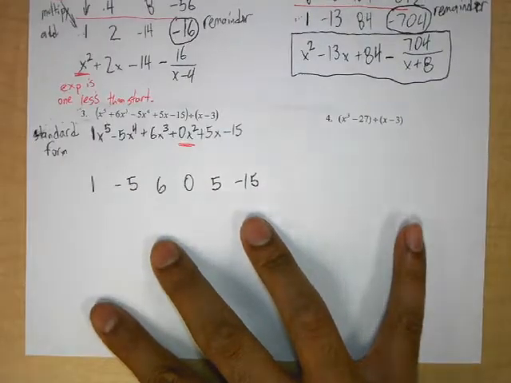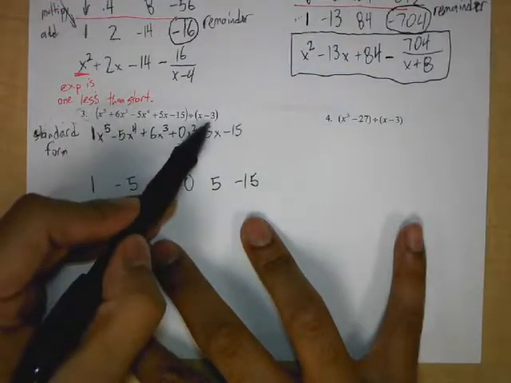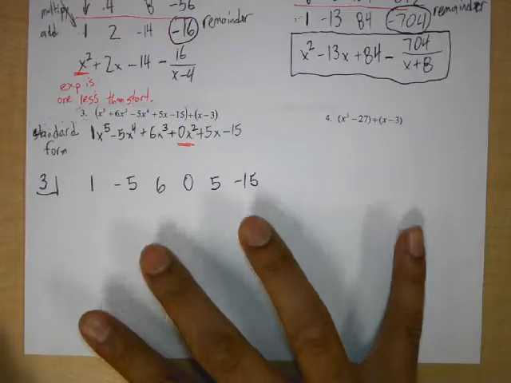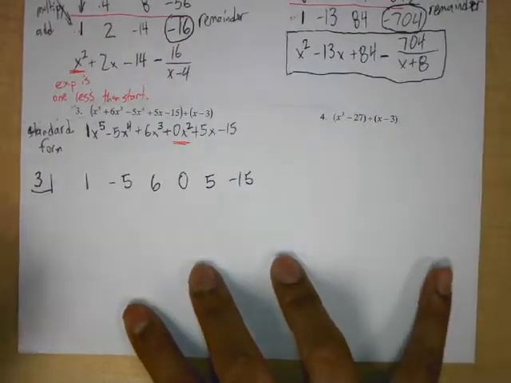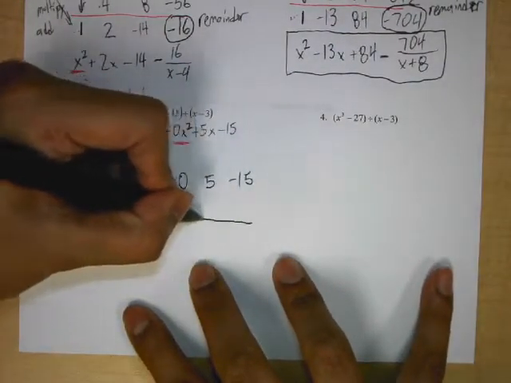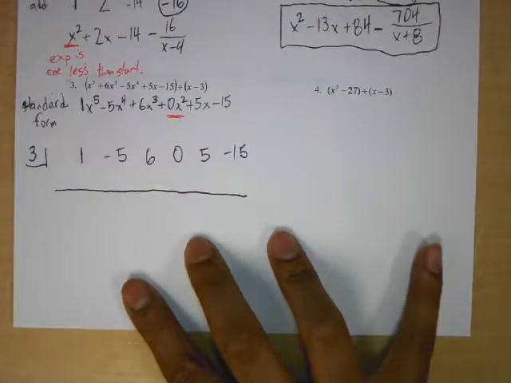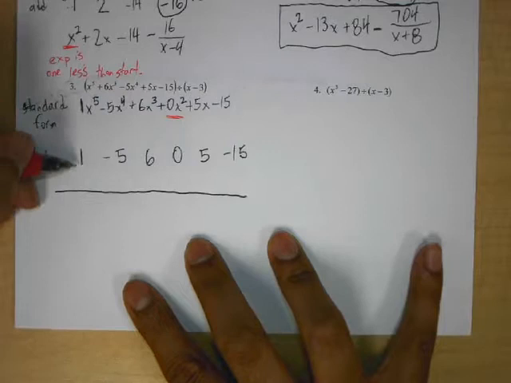Okay, and I'm dividing by x minus 3, so the number I'm putting here is going to be 3. Okay, always with that sign flipped. Let's draw our little equals bar. And always leave a little bit of room. You want to leave some space, that way you have room to write numbers here.